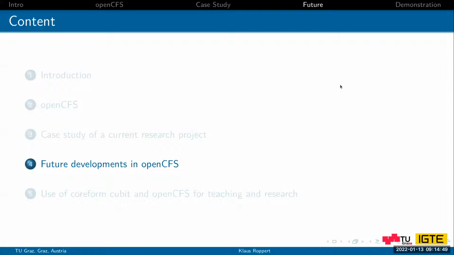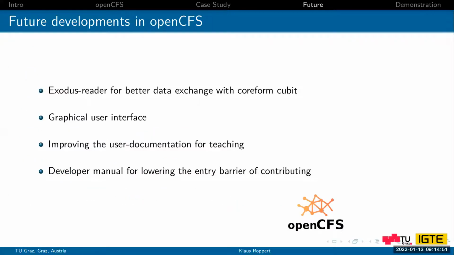What are the plans for the future development in openCFS? So we're planning to implement an Exodus reader to have better data exchange capabilities, especially with Coreform Qubit. Then we're also working on a graphical user interface. And the last two points mainly concern me for teaching.